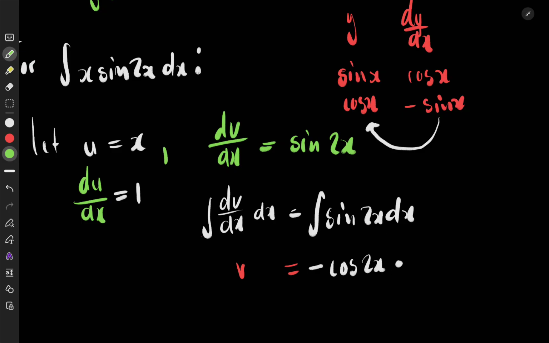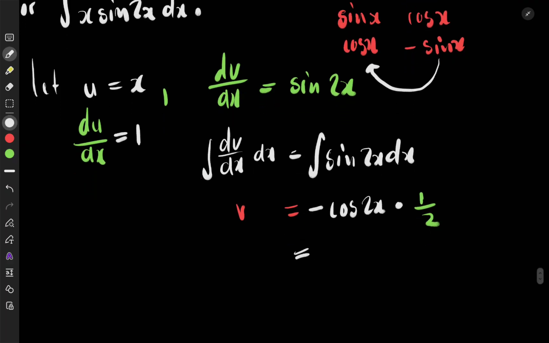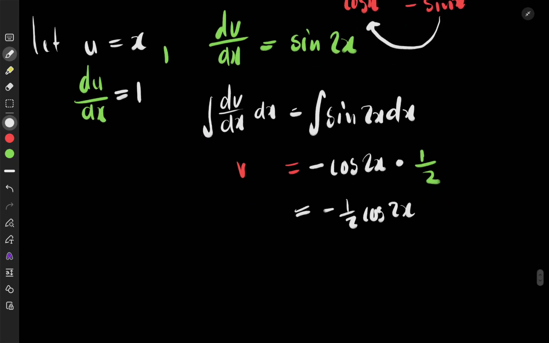Since we are integrating, we divide by the derivative of 2x, which is going to be 2, okay? So you say times 1 over 2. It's like dividing by that. This is dividing by 2. And what is 2? It is the derivative of the inside, okay? Now, this is going to be equal to negative half cos 2x. Okay, this is going to be negative half cos 2x.